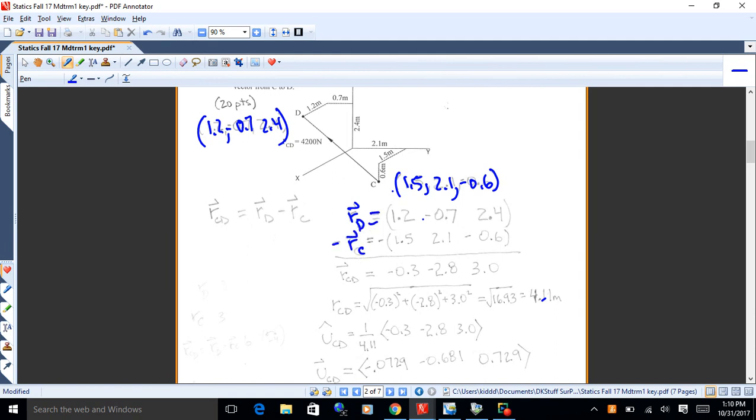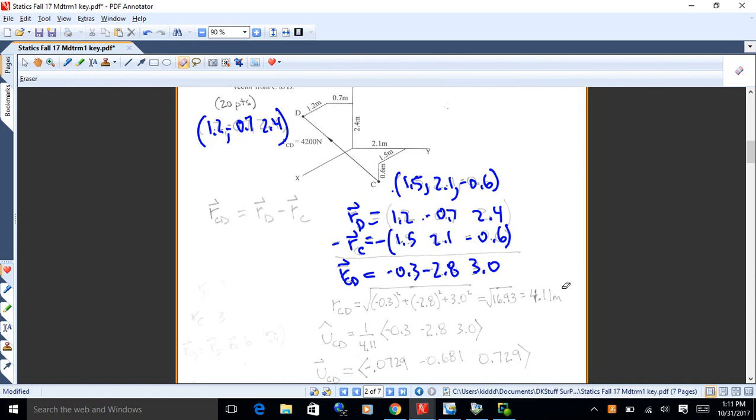So RD we've got, and that's 1.2, negative 0.7, and 2.4. And then you subtract RC from that, and you get 1.5, 2.1, and negative 0.6. Do the subtraction, and you get the vector that goes from C to D, and that's negative 0.3, negative 2.8, and 3.0, okay?